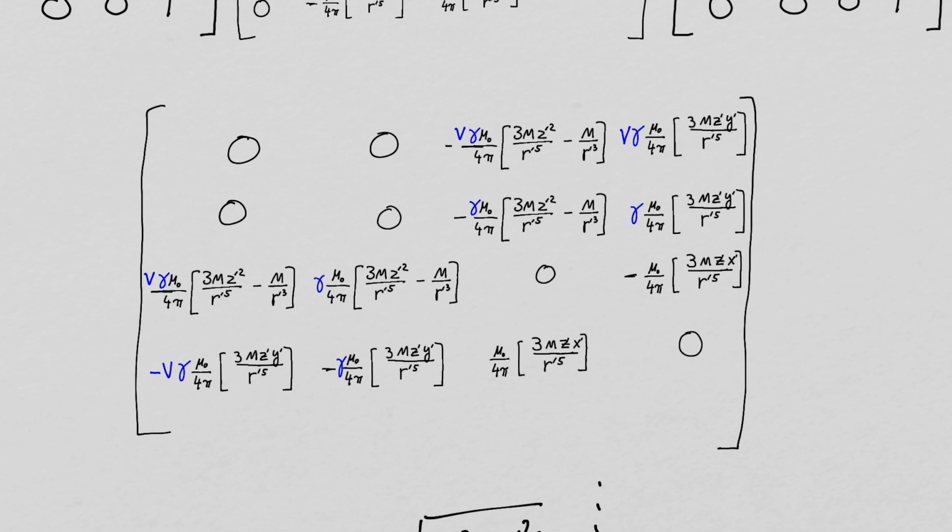So gamma pops in, and it doesn't even pop in everywhere. It doesn't pop in on the x components. It just pops in on the y and the z components. So not a lot happens, but you do get these gammas, so that is a thing. So those components basically are scaled by a factor of gamma.